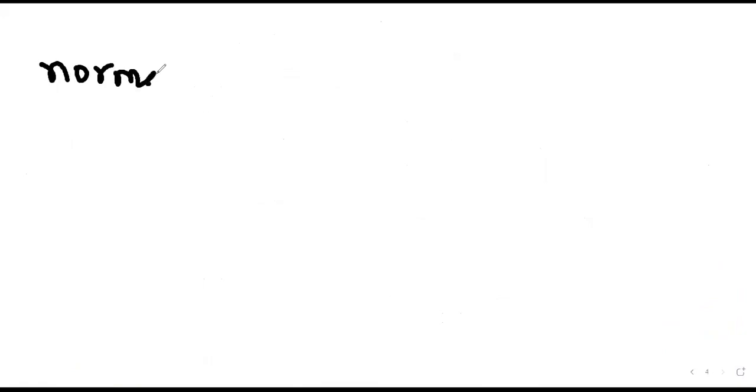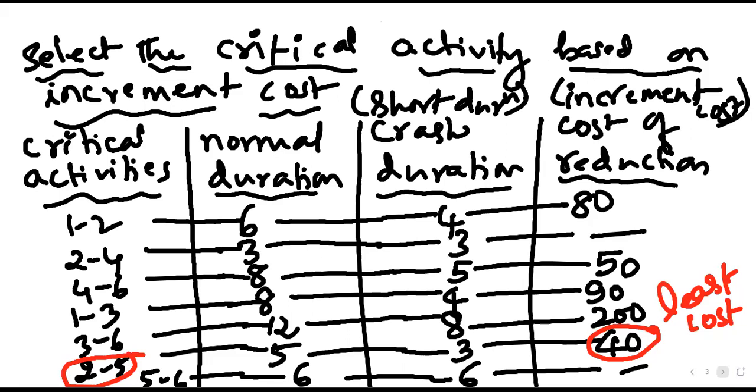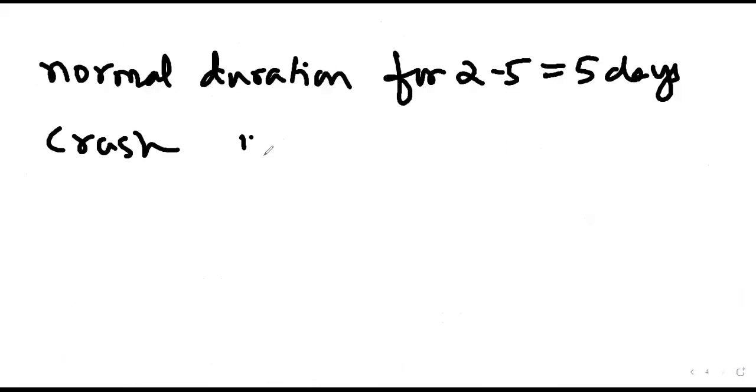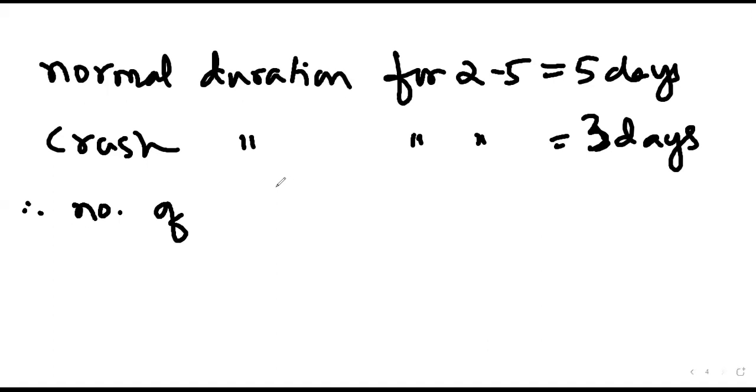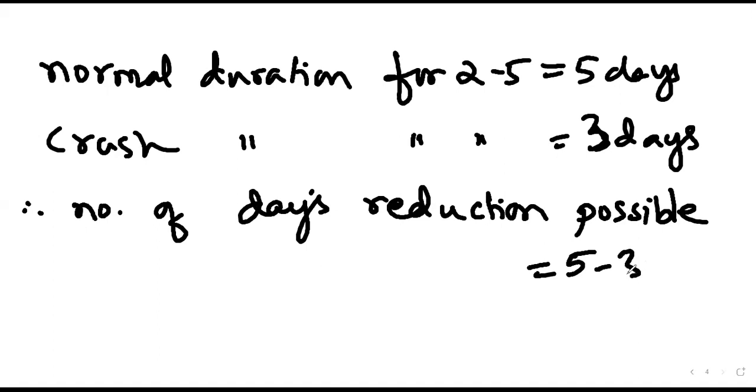Therefore, number of days reduction possible: 5 minus 3 is equal to 2 days. Is it right?